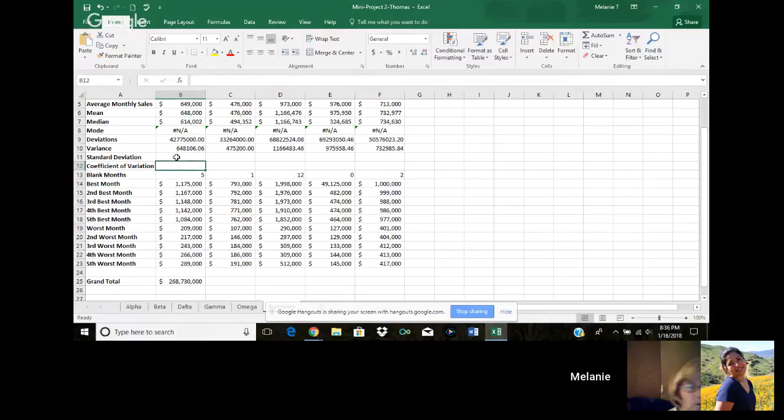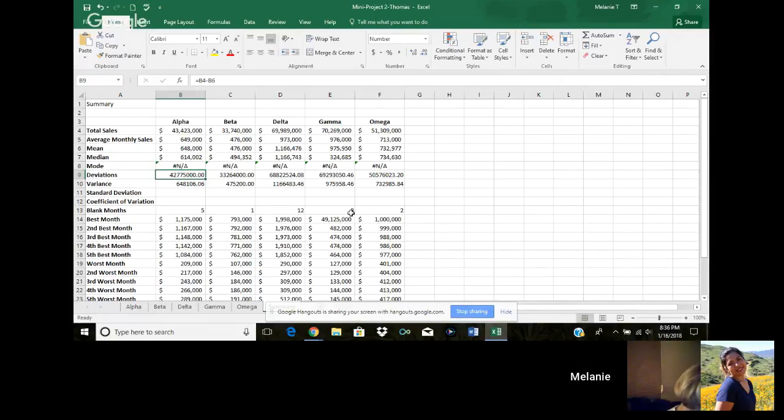So I think you take the square root of your number. Isn't deviation, this is what I put in for deviation, I don't know if it's right, the total minus the mean? I'm looking at my notes too.